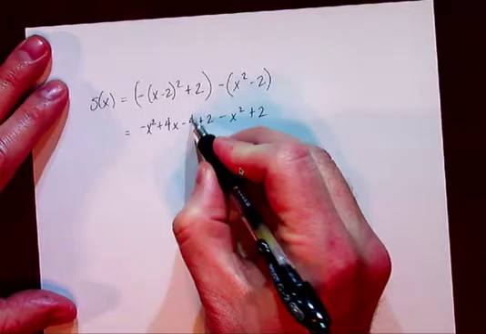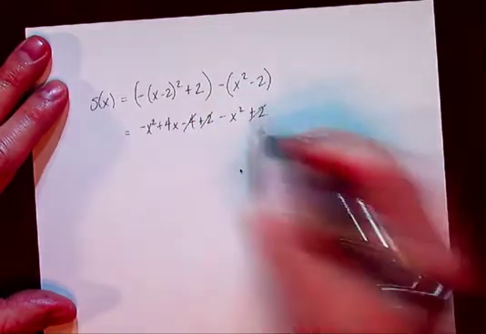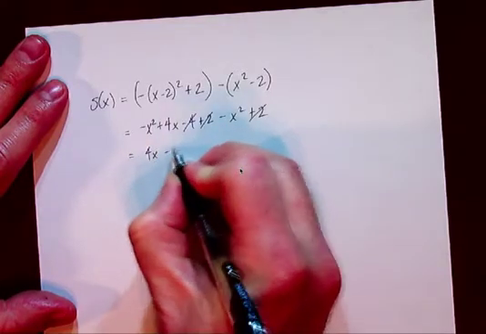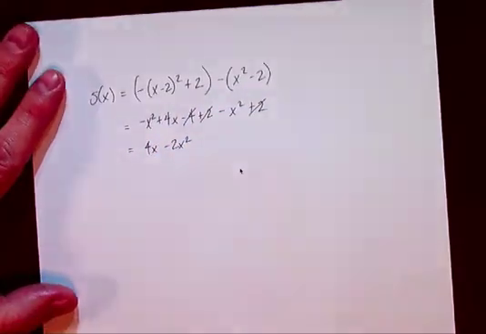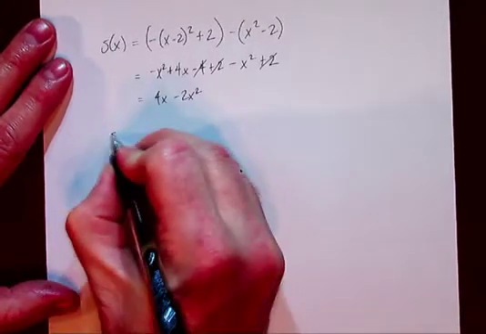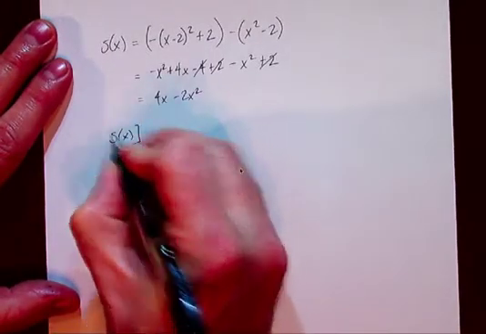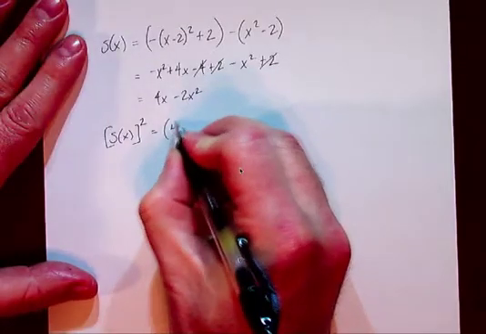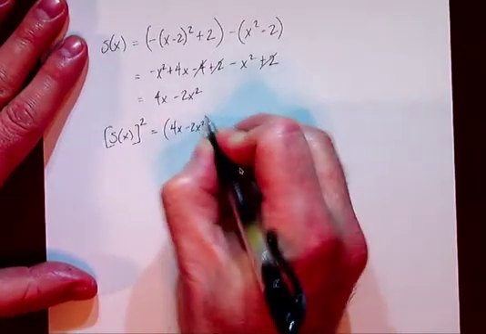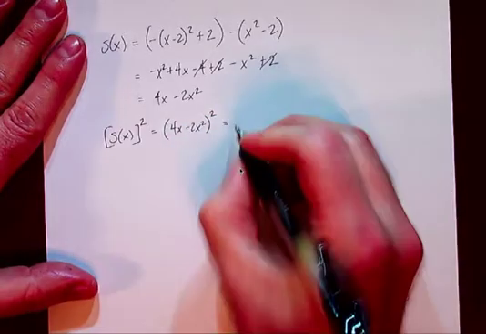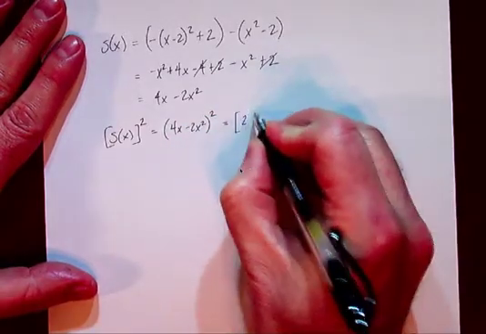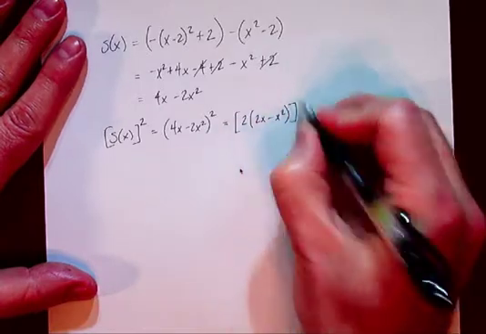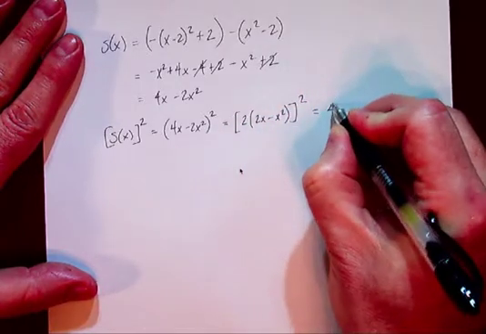Again, I see that negative 4 and positive 4 cancel out, and I'm left with 4x minus 2x squared. That means that my s of x squared is going to be 4x minus 2x squared, squared. Or, again, if you want, 2x minus x squared, quantity squared, that can become 4.